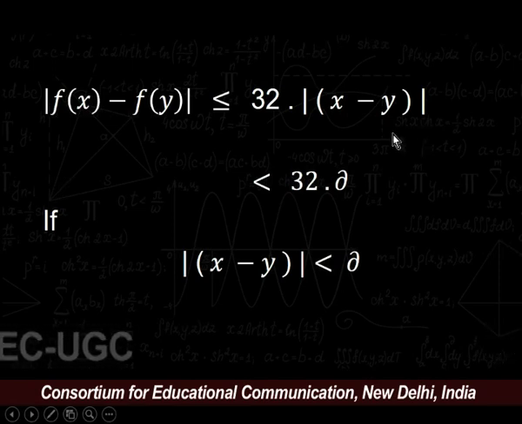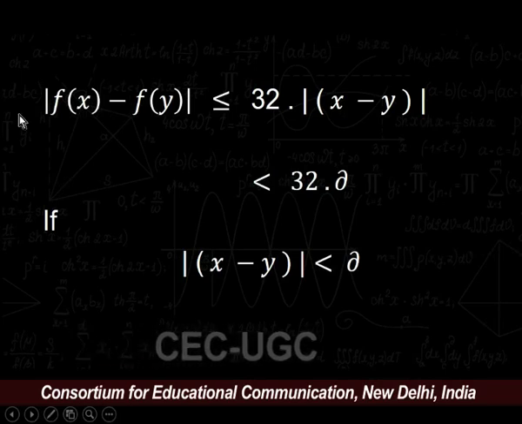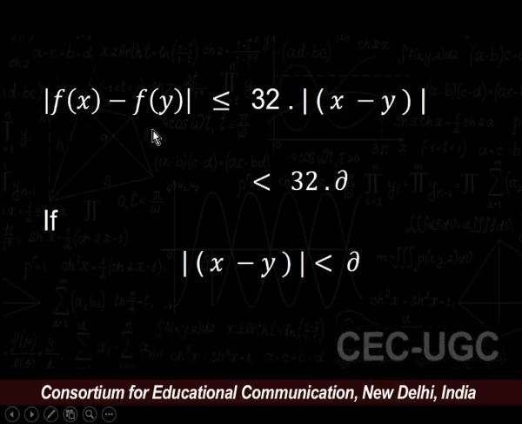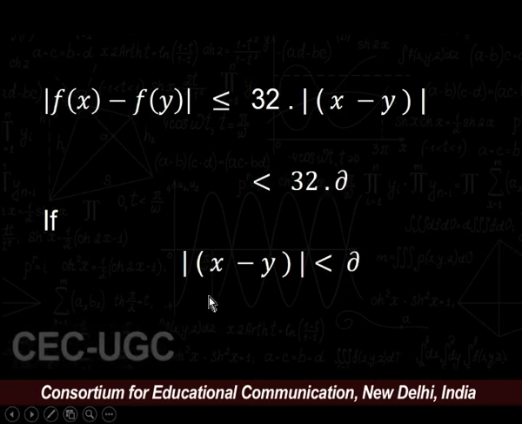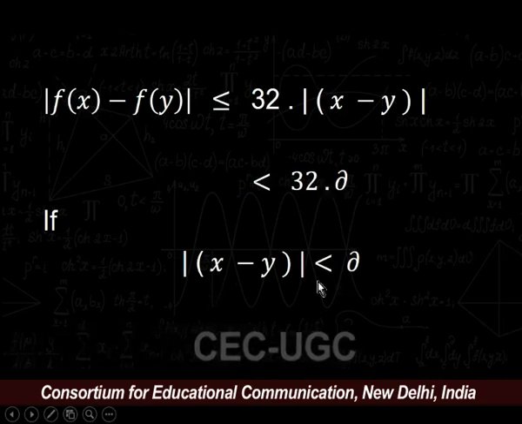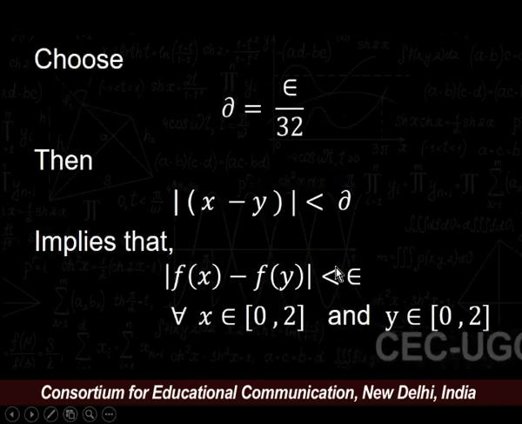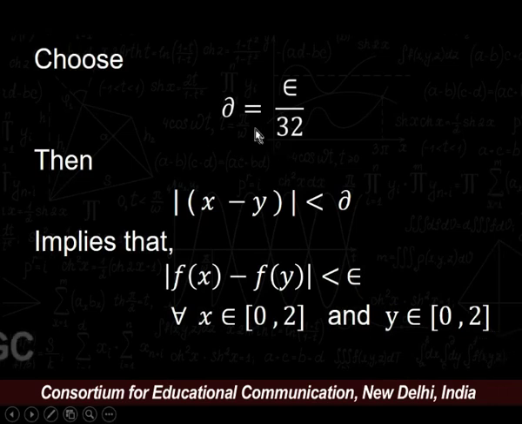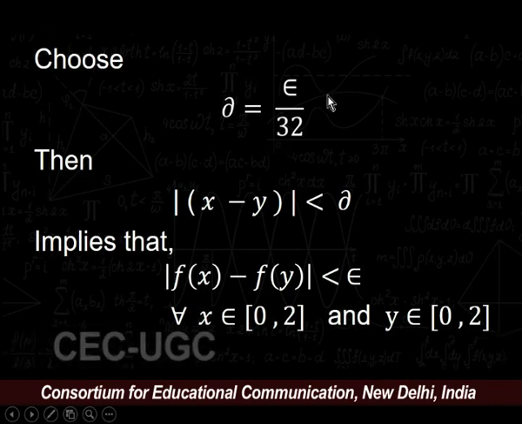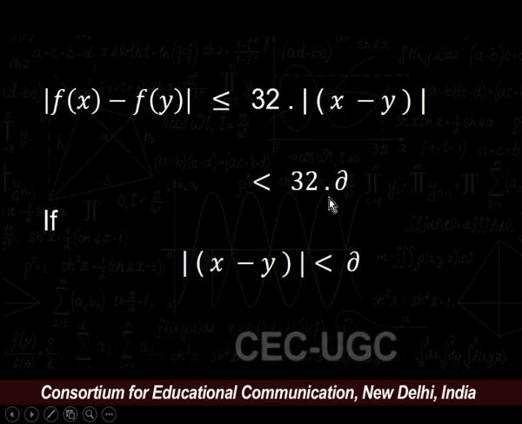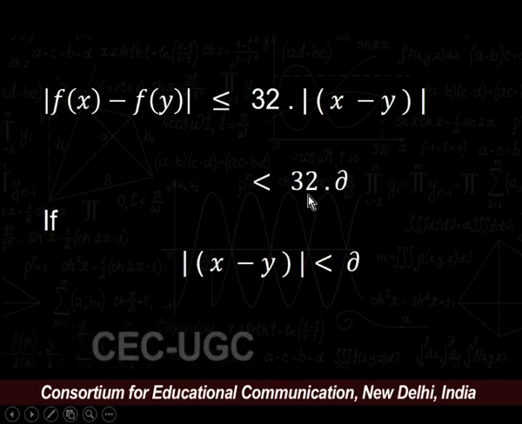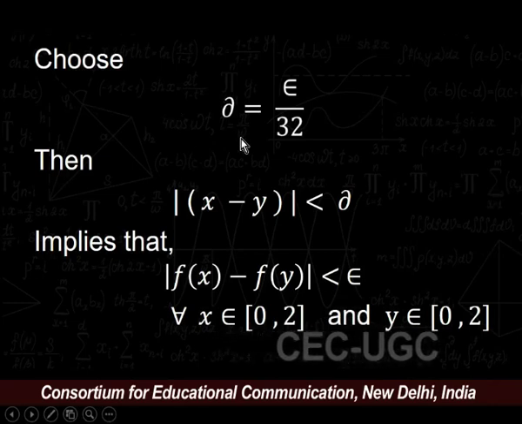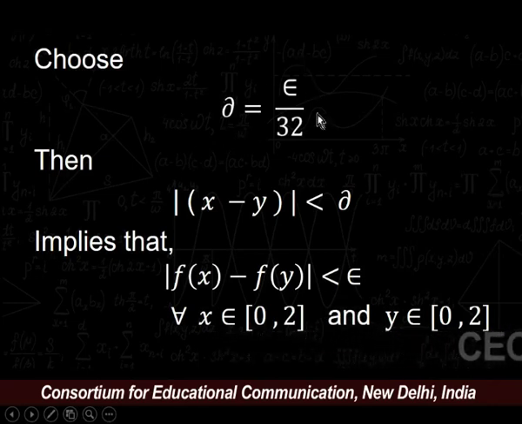And we can say that |f(x) - f(y)| is strictly less than 32 times delta if we choose |x - y| strictly less than delta. Now, we need to choose our delta in terms of epsilon. If we choose delta = epsilon/32, then we get |f(x) - f(y)| < epsilon.